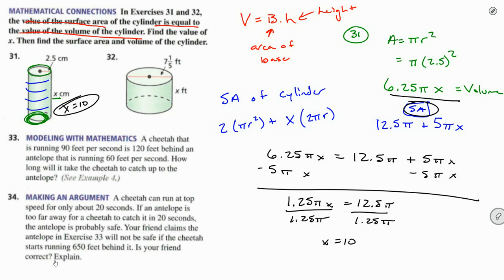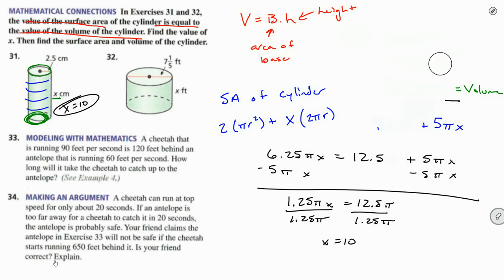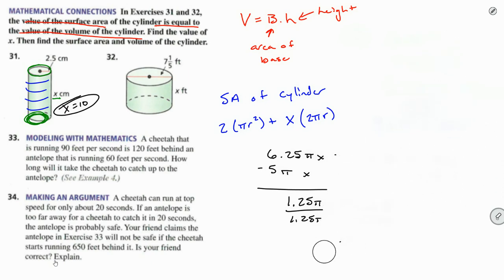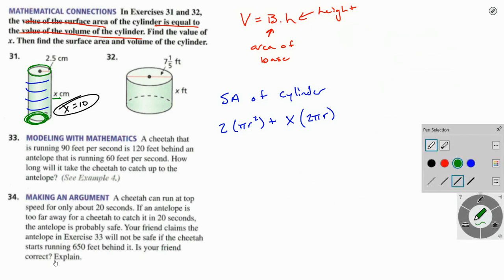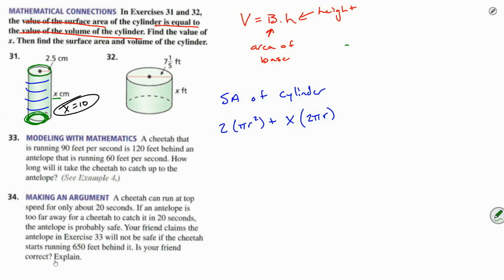Okay, keeping all that in mind, let's see if we can repeat it with 32. Now, if you notice on this one, the red line right there implied that it's a radius.